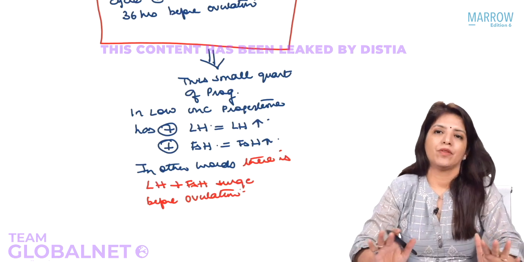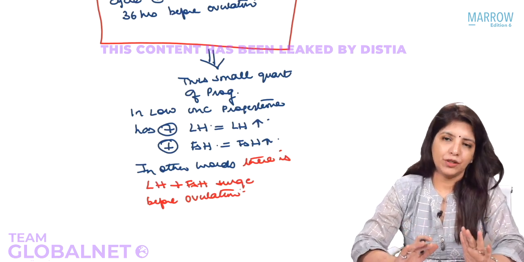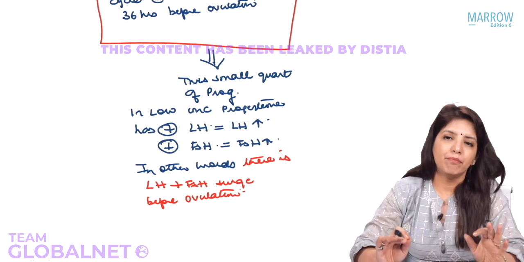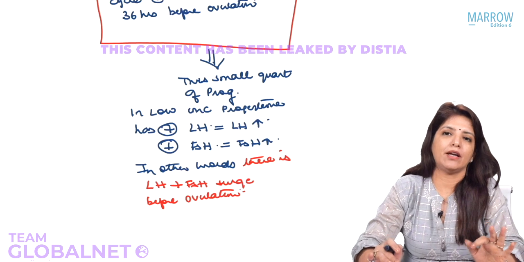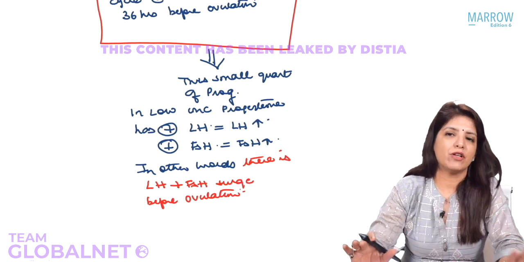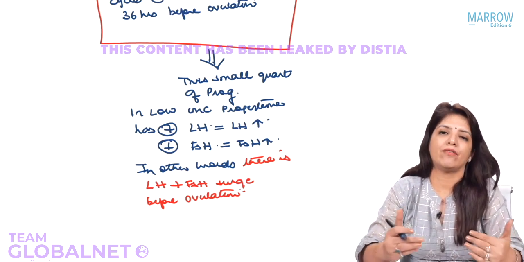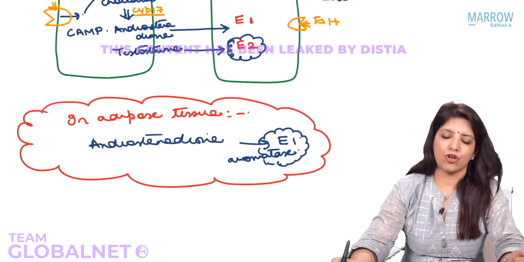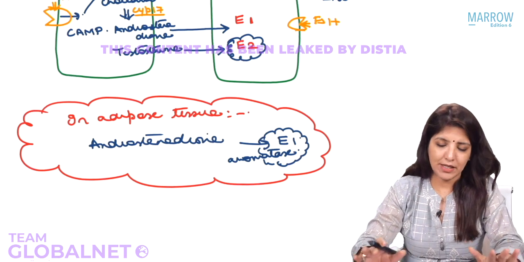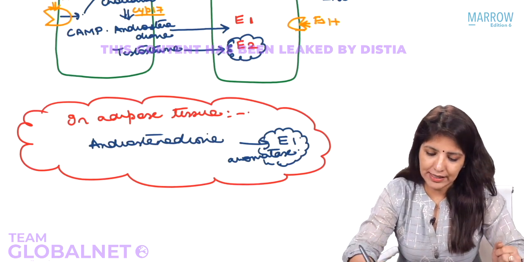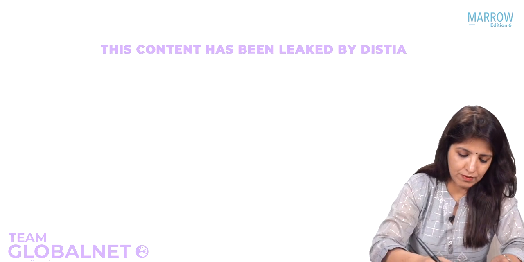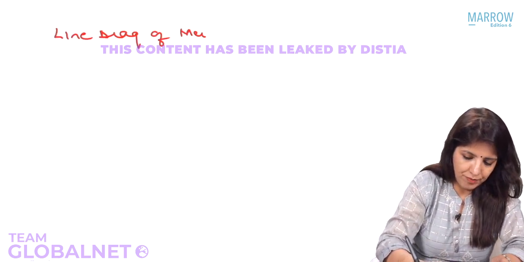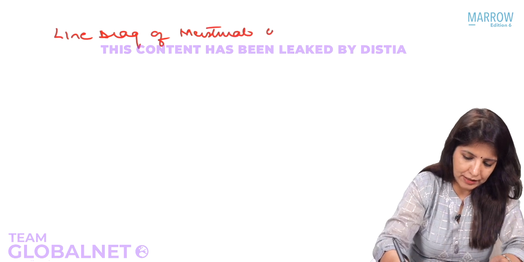Right? Now, before we continue any further, where you had written the 2-cell, 2-gonadotropin theory, below that, let's start making a line diagram of the menstrual cycle and see what all we have done till now. So go back to this 2-cell, 2-gonadotropin theory. Below that, you will have a lot of space. Now, start making a line diagram of the menstrual cycle.